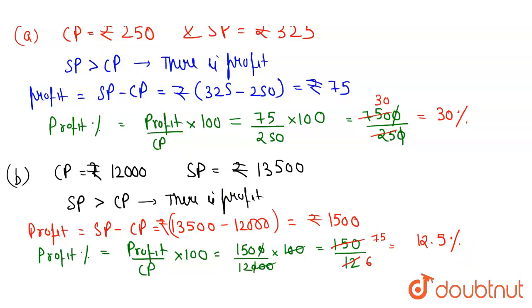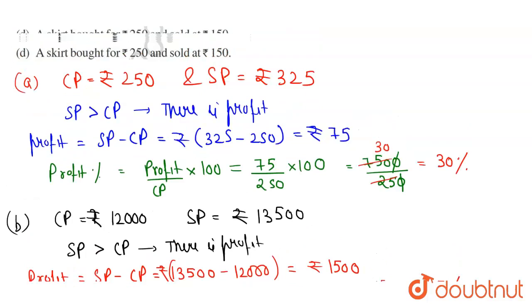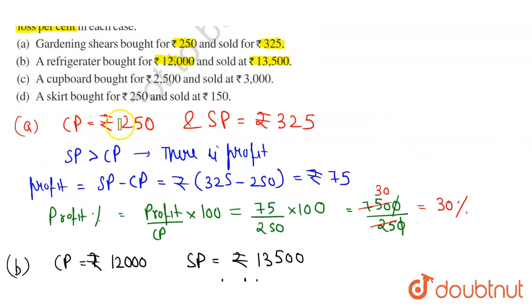Now we'll be solving the C part. In the C part it is given to us that a cupboard was bought for 2500, so this is our cost price, and sold at 3000, and this is our selling price.